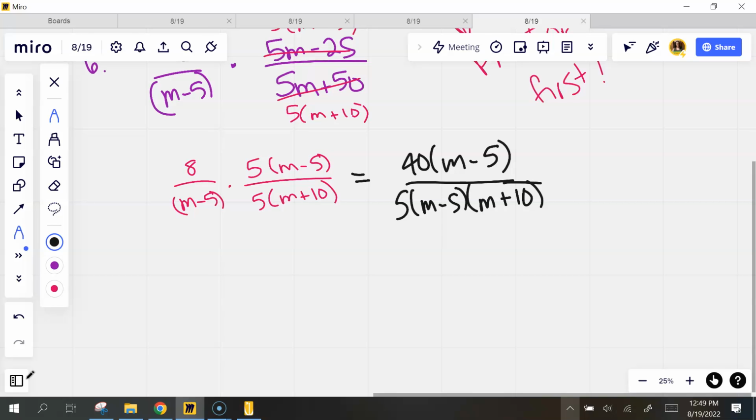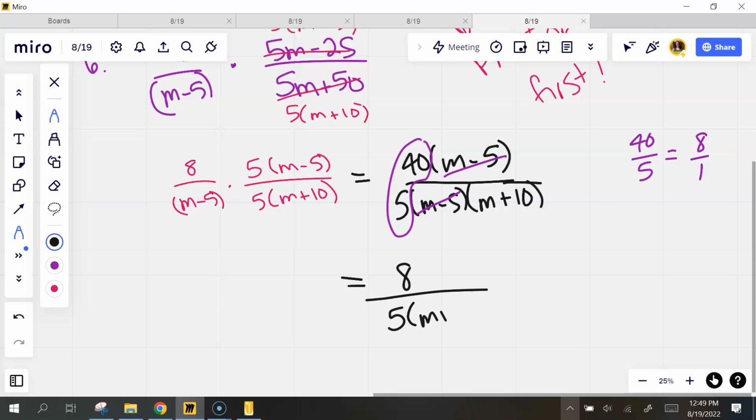Now watch what happens. All my plus or minuses are enclosed in parentheses, yes? So I can start canceling things out. 40 divided by 5. If this was the fraction, 40 over 5, how would that reduce? 8 over 1, right? So I have 8 up top and 5m plus 10 on the bottom.